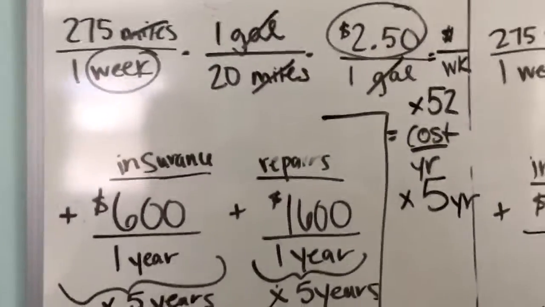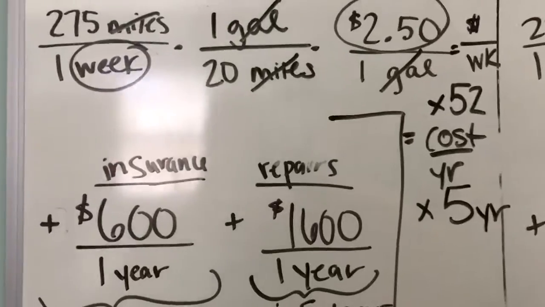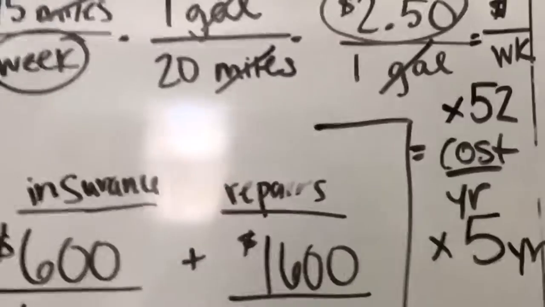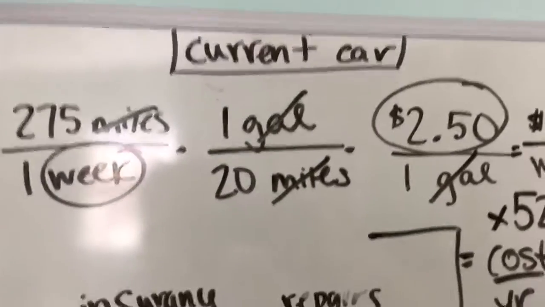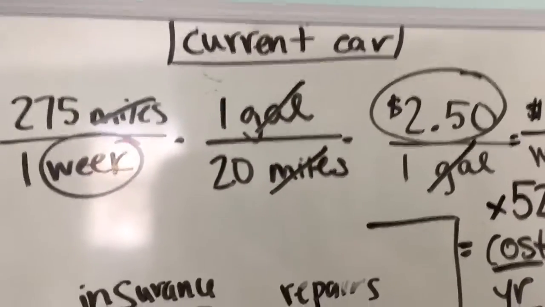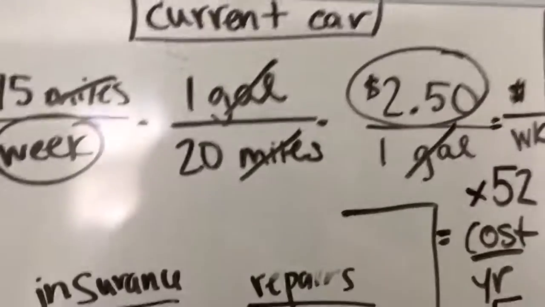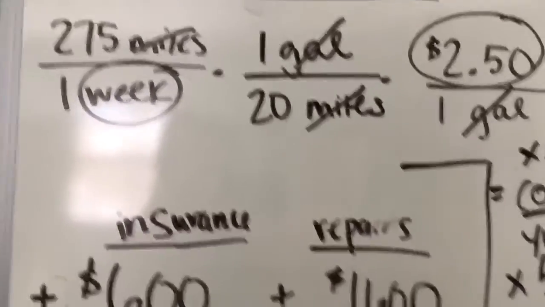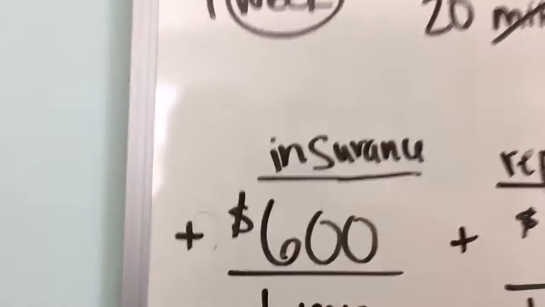Because the question, remember, is asking us, okay, what is the cost for this car for 5 years? So that will tell you about what the cost of your gas is for driving your current car for 5 years. And that's great. But then we have to factor in more information. And feel free to pause this video at any time to try to do the math and get caught up with me. Then we have to look at more information.